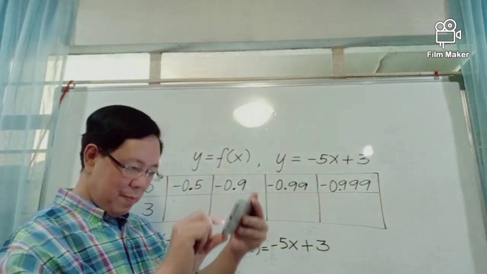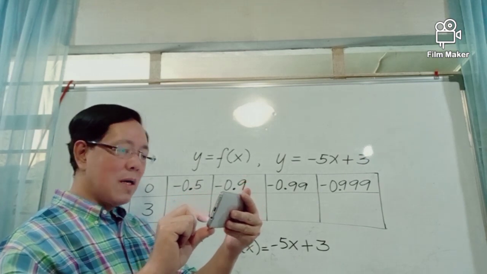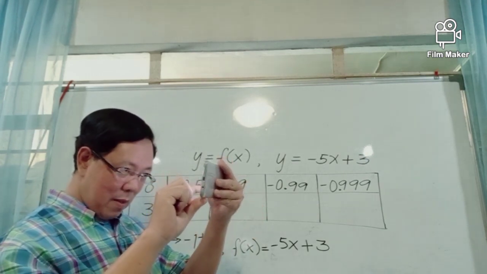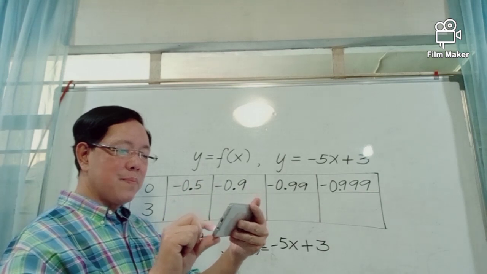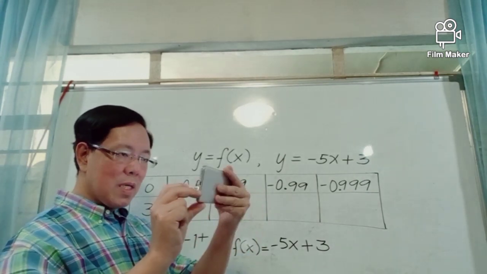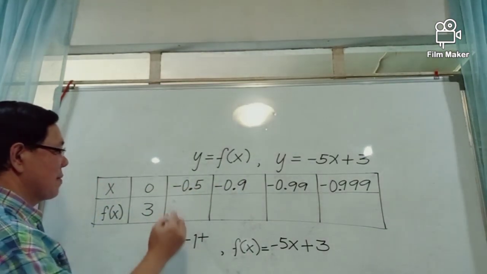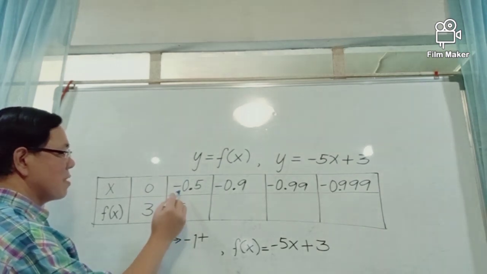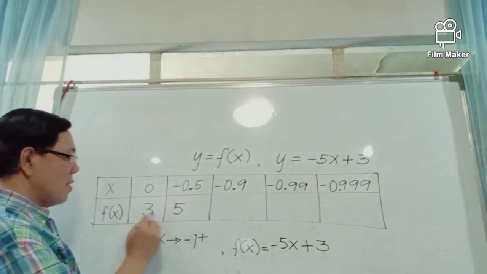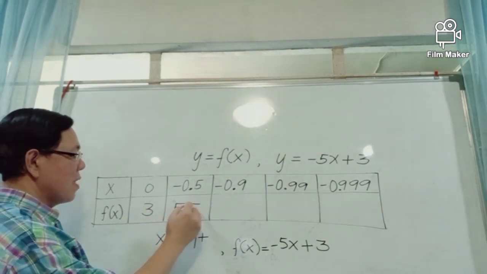And we do that. Negative 5 multiplied by negative 0.5 plus 3, and we get positive 5.5. When x is negative 0.5, the value of the function is positive 5.5.